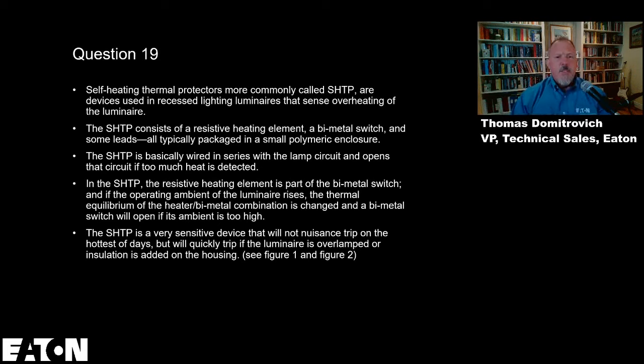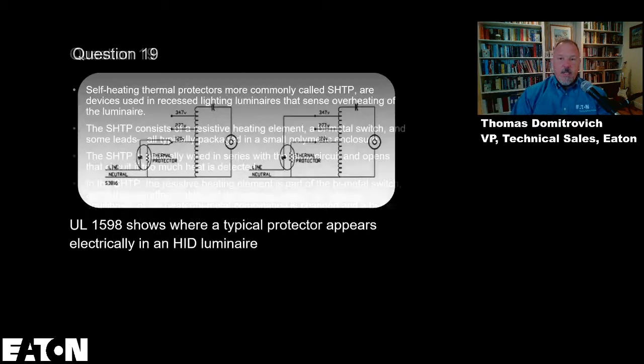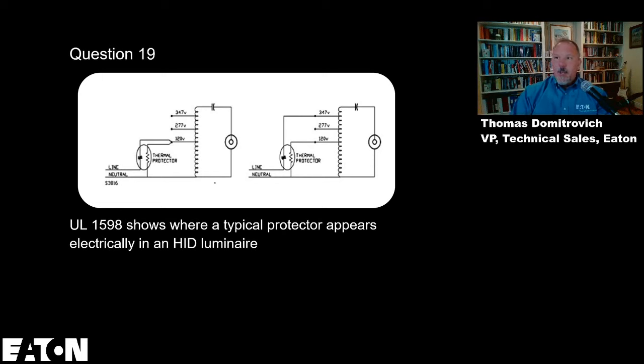It almost reminds me of saying shut up, doesn't it? SHTPs are devices used in recessed lighting luminaires that sense overheating of the luminaire and then obviously shut it off. So if we look back at that diagram, you'll have your thermal protector built into the luminaire itself.